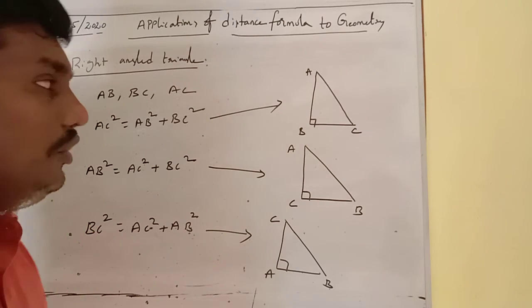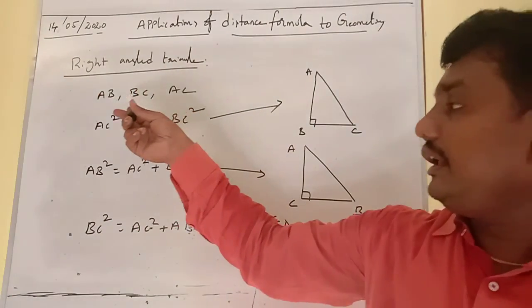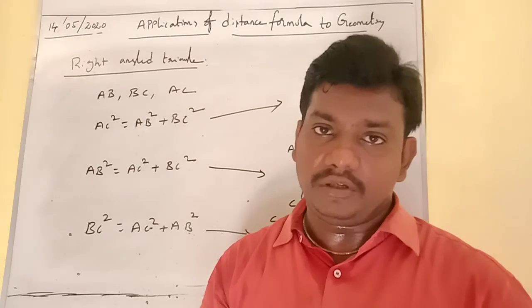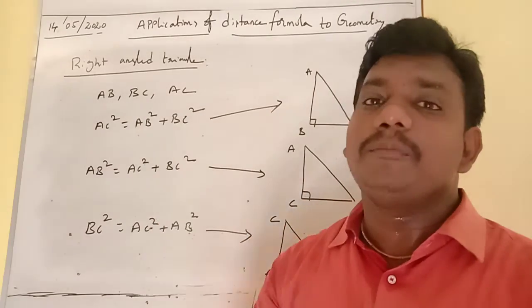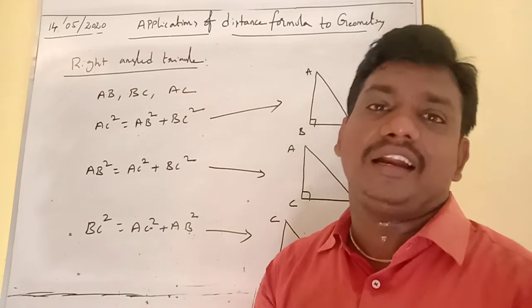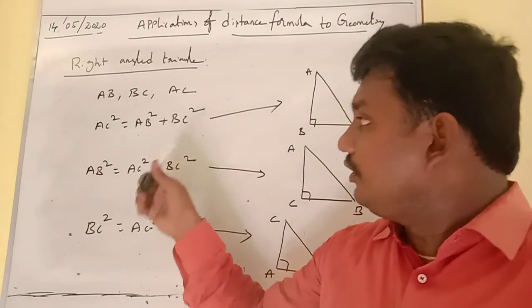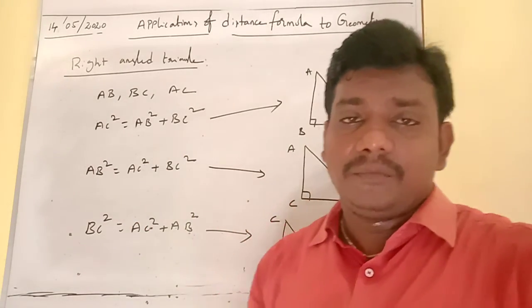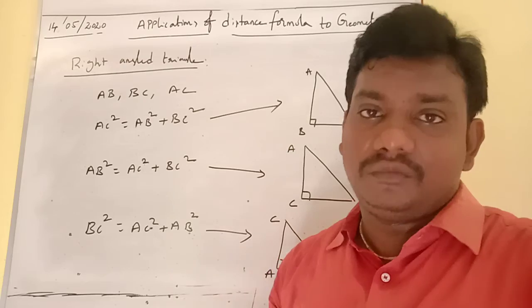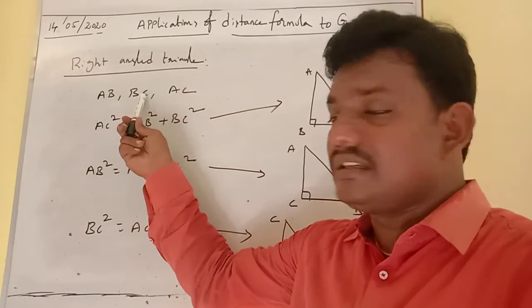If 3 points are given in coordinate geometry, how do you know whether the given 3 points form a right angled triangle? These are the 3 types of conditions. In all of them, we have to find the distances using the distance formula: AB distance, BC distance and AC distance.